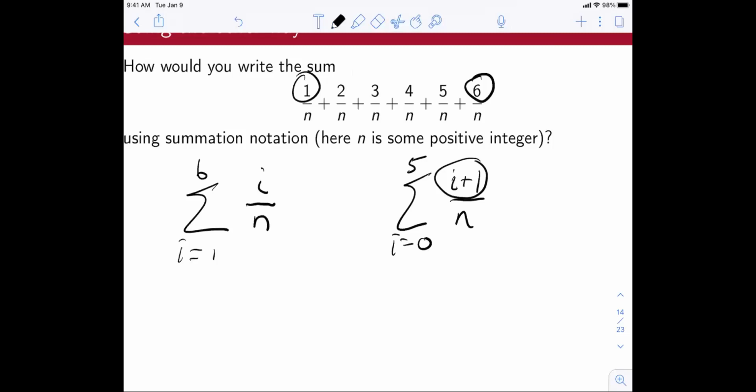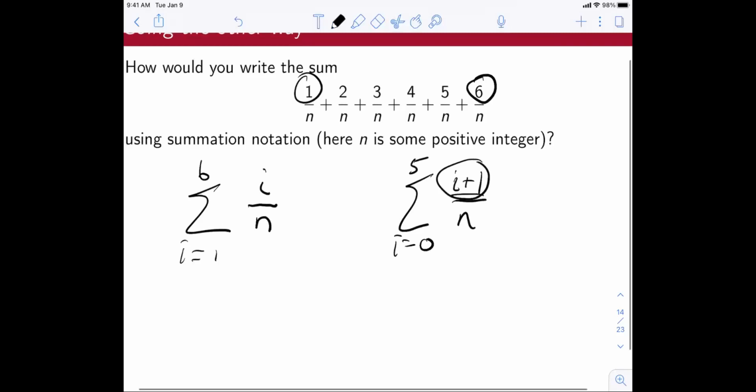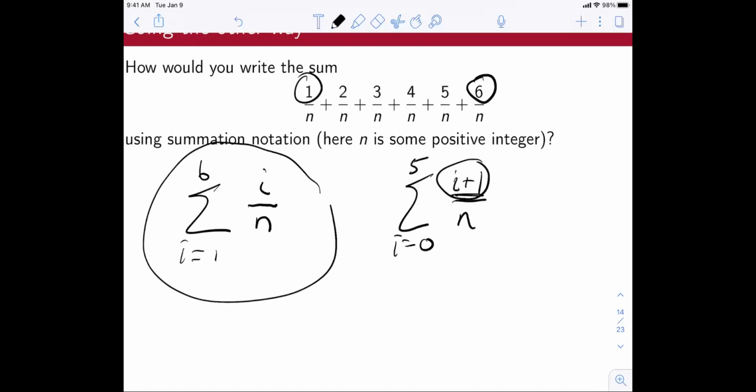I could start the sum anywhere, and I just need to shift the top appropriately. Most of the time, I'm going to start my sums at i equals 1. There will be rare cases where I might want to start my sum at i equals 0. These are really the only two cases you'll see me use if I'm converting a written out sum into sigma notation like this.